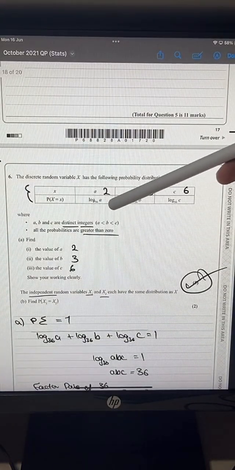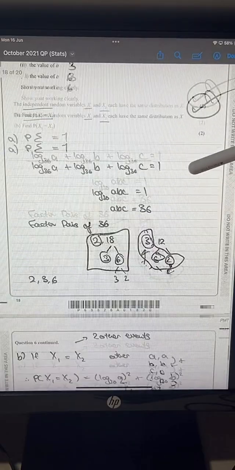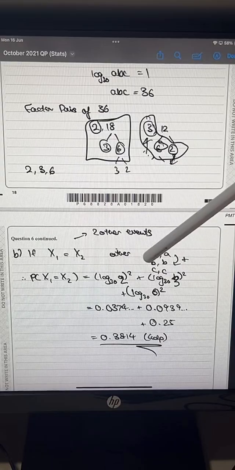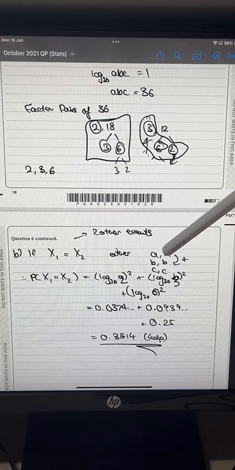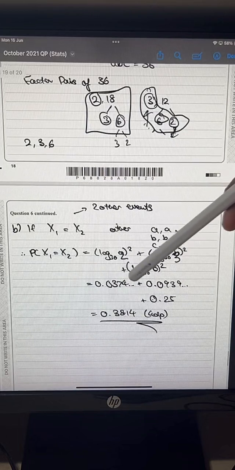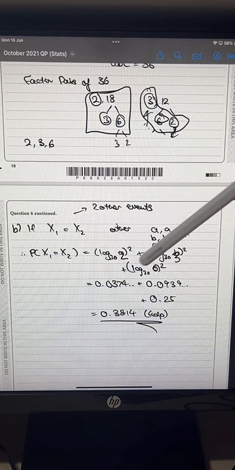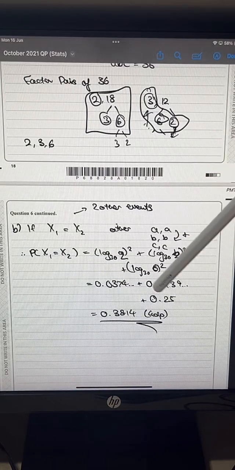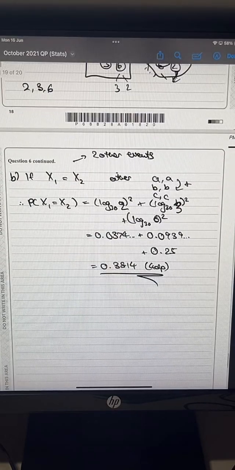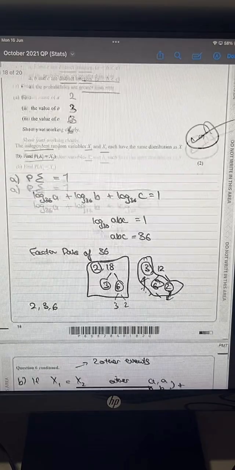That's log 36 of A times log 36 of A, which is just log 36 of A squared. A is 2, I knew that, plus the probability of B and B, which is log 36 of 3 squared, plus log 36 of 6 squared. If I add them, if I evaluate the squares, I get that, and if I add them, I get this probability at the end. Does that make sense, H?